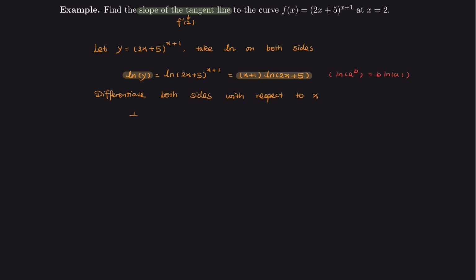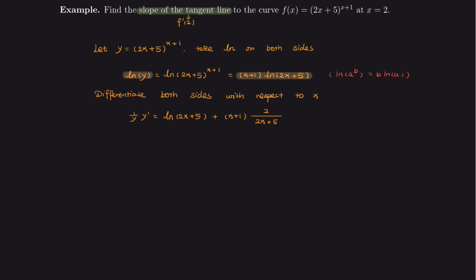We have 1 over y times y prime equals, and here we have a product, so another product rule. That's going to be 1 times ln of (2x plus 5) plus (x plus 1) times, on the bottom we have 2x plus 5, on the top we have the derivative of 2x plus 5, which is 2. Call this equation star.